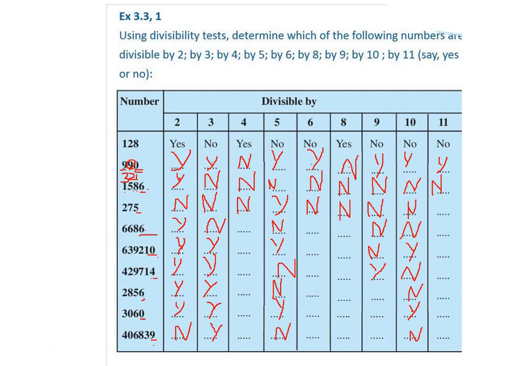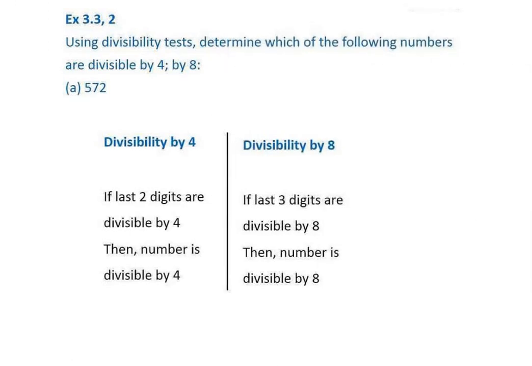Okay, so let's go for the next question, that is 3.3, the second question, where we have to check the given numbers' divisibility test by both 4 and 8. So our first question is 572. We have to divide it by 4 and check whether we are getting 0. And for 8, we have to take all three digits.